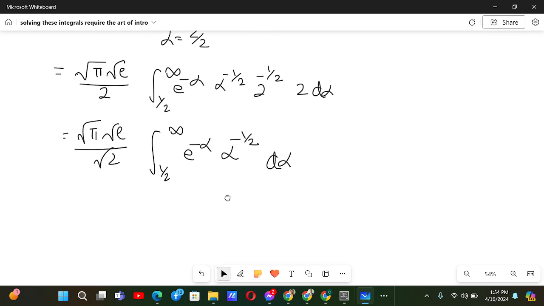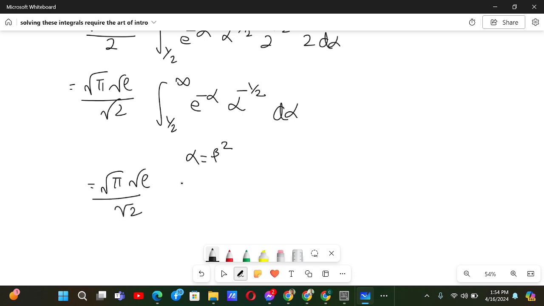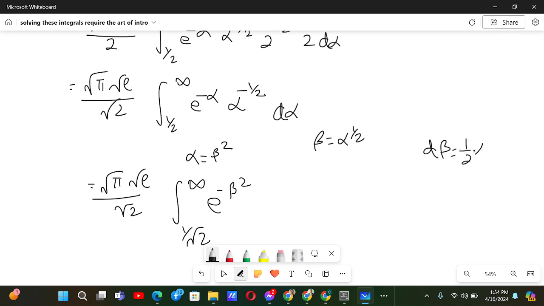Okay, fine. Now let alpha equal beta square, and that gives us root pi root e by root 2, and beta equals root alpha, so from 1 by root 2 to infinity, e to the power minus beta square, and since beta equals alpha to the power 1 by 2, d beta is 1 by 2 alpha to the power minus 1 by 2 d alpha. This is actually 2 times d beta.